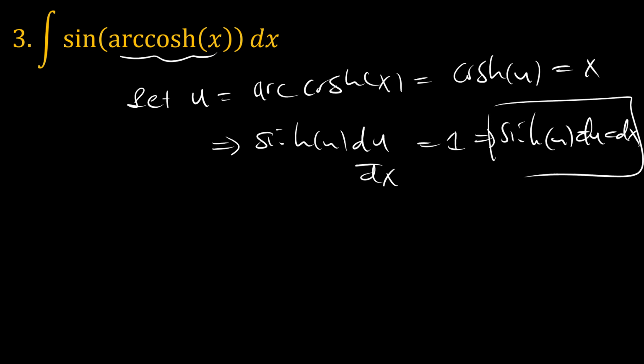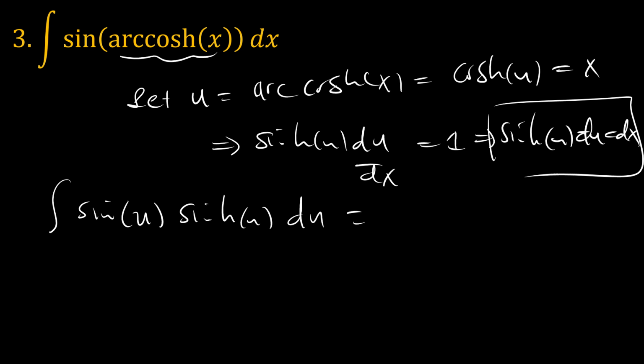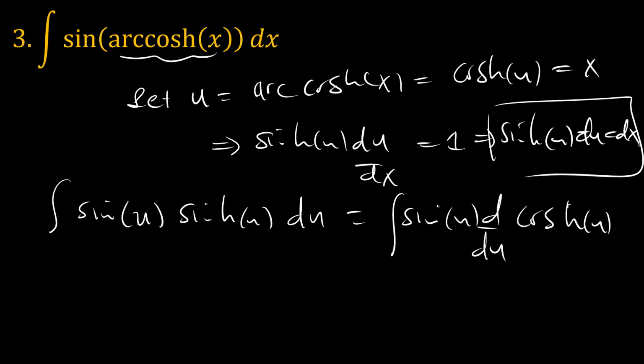Okay, and what do we do next? So we'll say, okay, we have sine of u sinh of u du, which can be expressed as sine of u, the derivative of cosh of u, du.